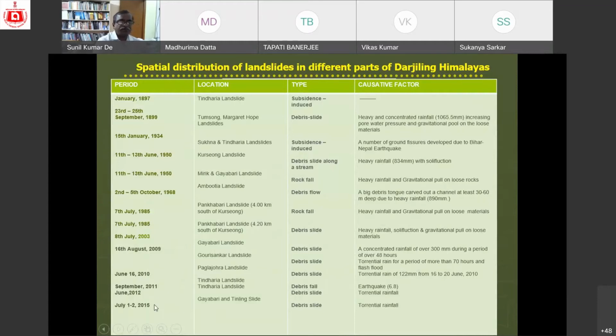Up to 2015, we have recorded, and in many places, these earthquake events, you see, the Nepal earthquake, it was in 1934. This was the Bihar Nepal earthquake, as it is known. And most of the cases are heavy rainfall and gravitational pull. And in 2011, another earthquake took place.